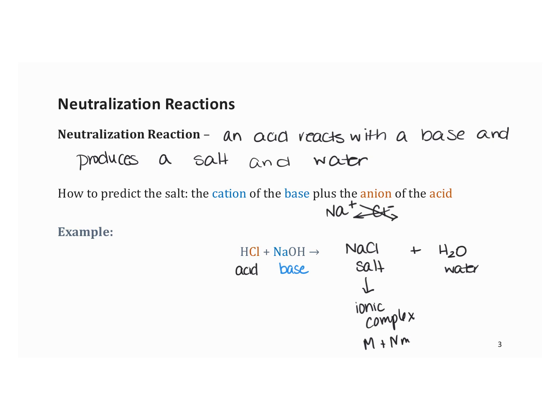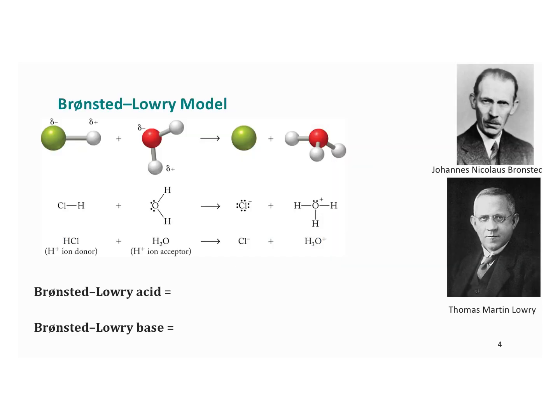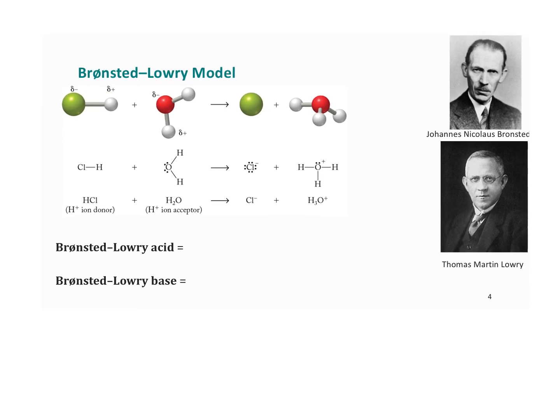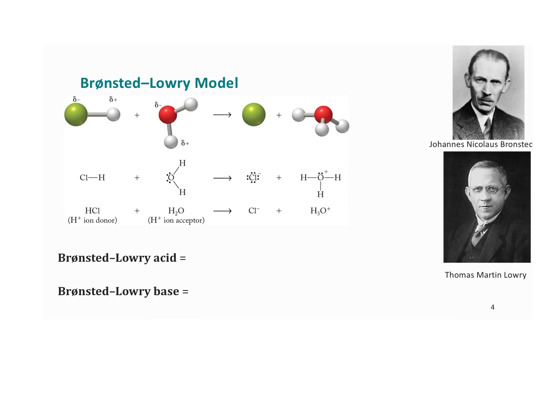It's the Bronsted-Lowry model, and it's named after Johannes Bronsted and Thomas Lowry. And basically what they said is, look, when you have an acid and base that react, the only thing that's transferred is a proton.